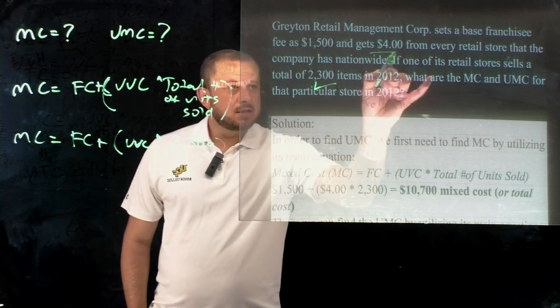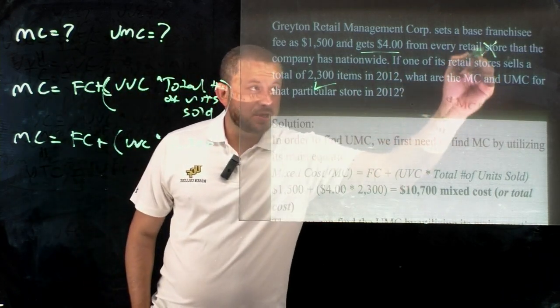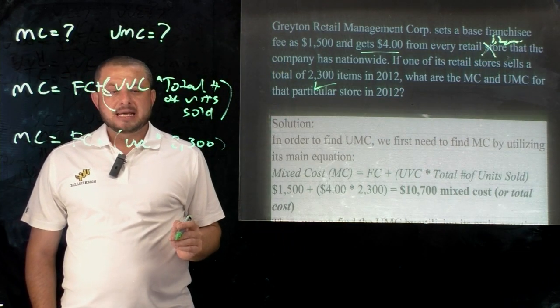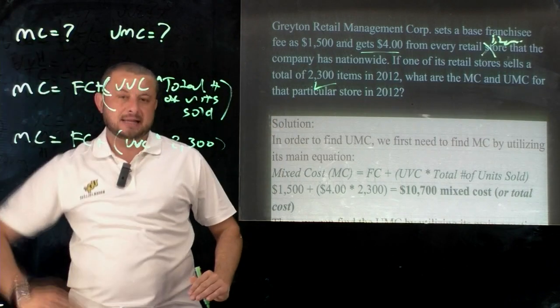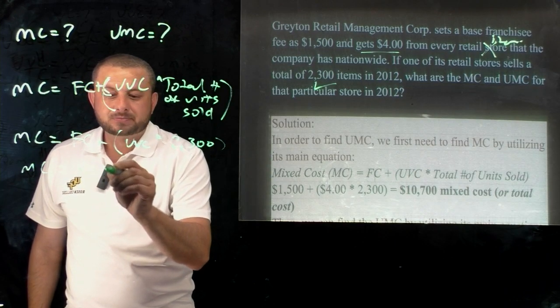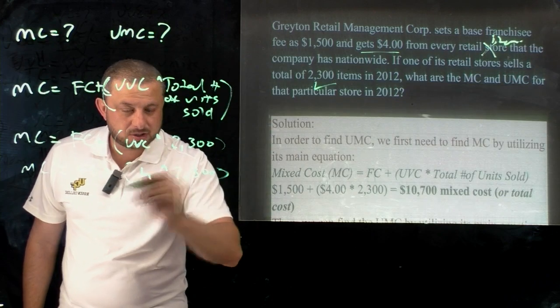Yes. $4 from every item, not store by the way, there's a typo over here, that's item. Every item they get from the sales is the variable cost, because if you sell more, you will pay more. If you sell less, you will pay less. Therefore, the $4 over here becomes my unit variable cost, okay? And this is how my equation looks right now.